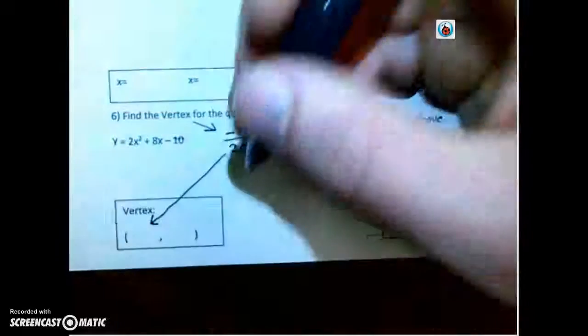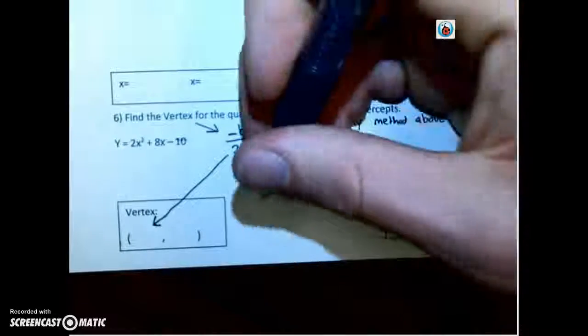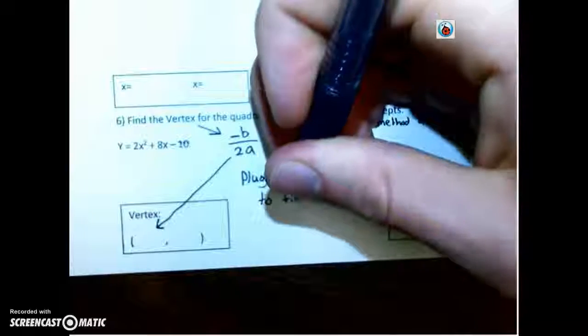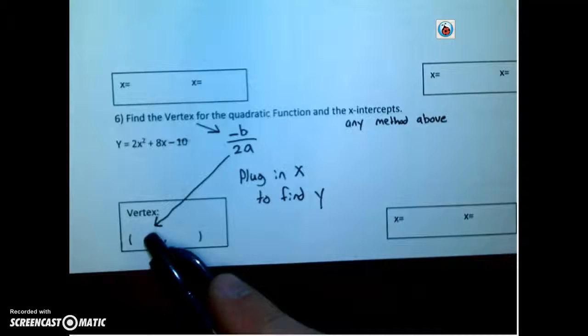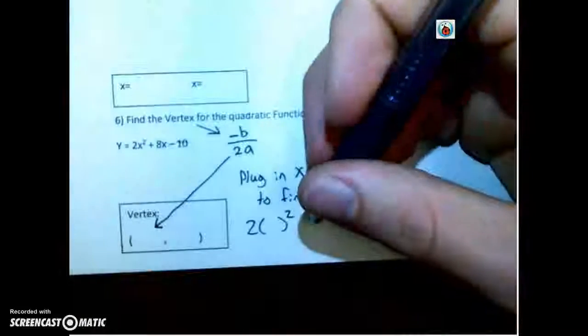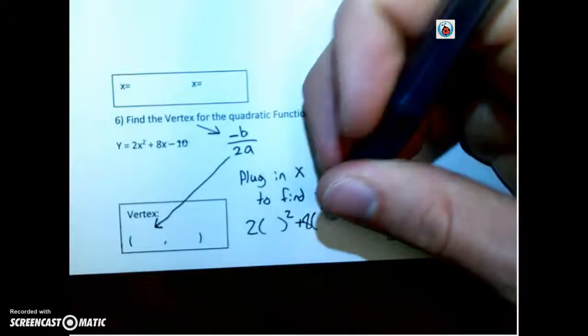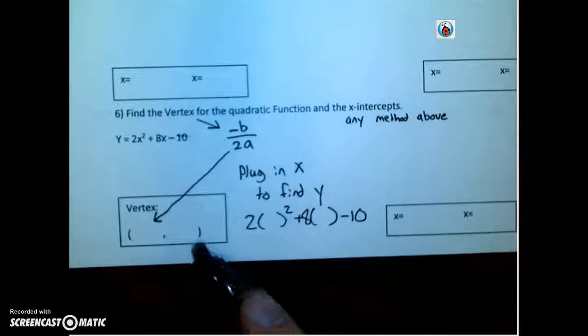All right, and then now you plug in. All right. So to find this y coordinate, whatever, right, so you and you will find y.